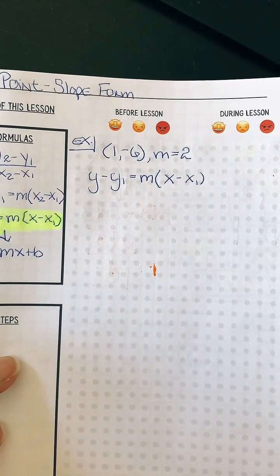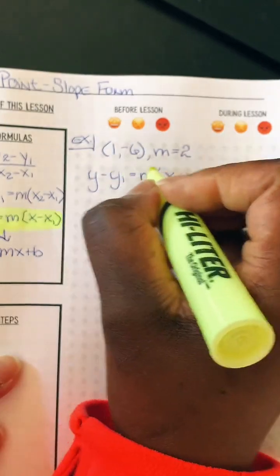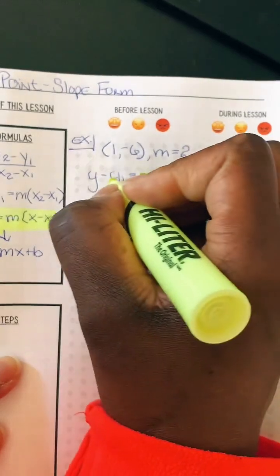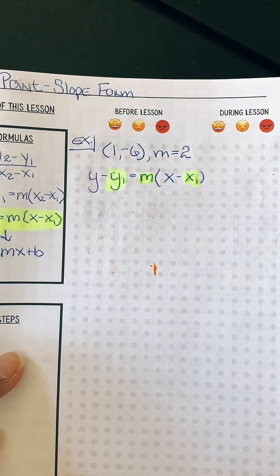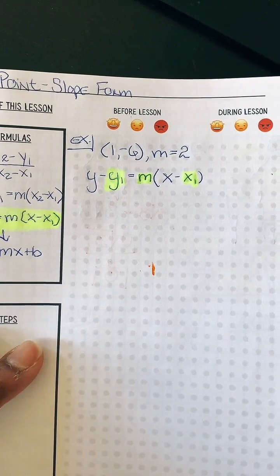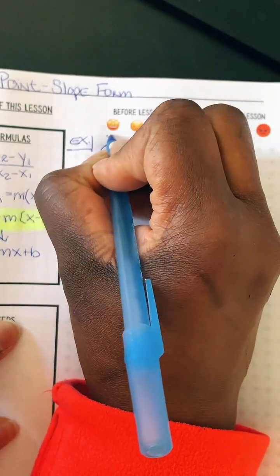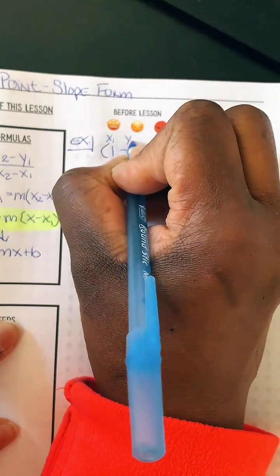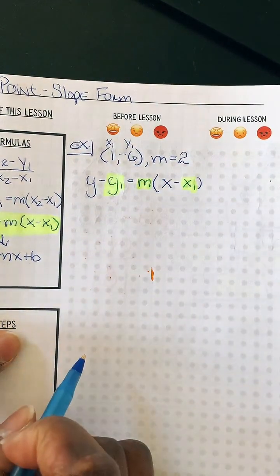So the only areas that we're going to have to do some substitution is, we got to substitute for the m, we got to substitute for the x sub 1 and the y sub 1. Those are the only 3 areas that we really have to do any kind of substitution for. So if I'm using my point, my 1, that's going to be my x sub 1. My negative 6, that's going to be my y sub 1. And then, of course, I already gave you the slope.